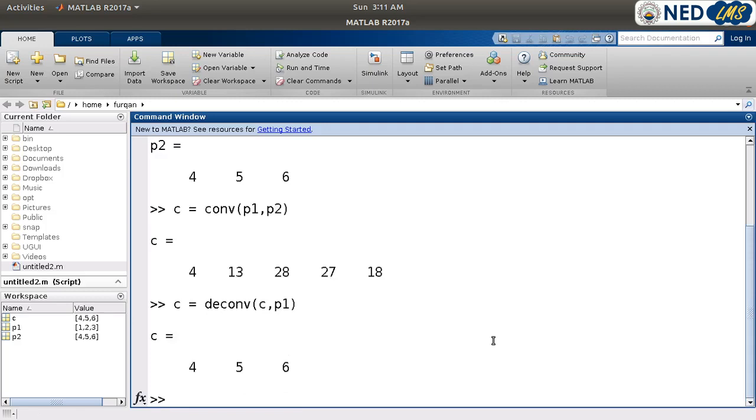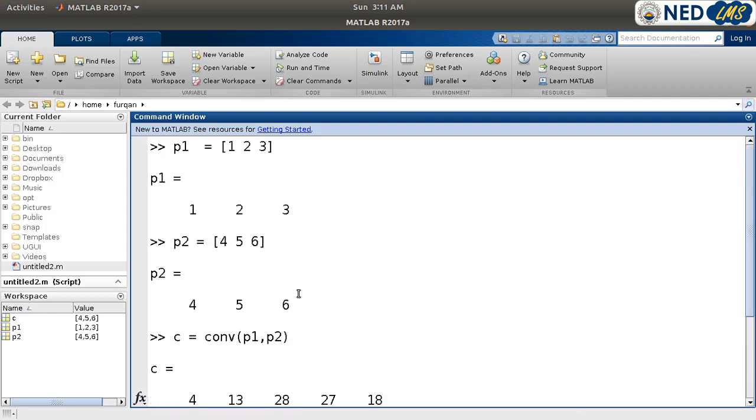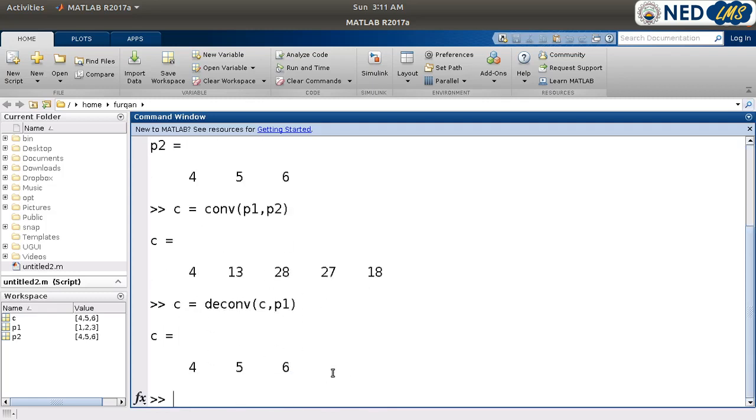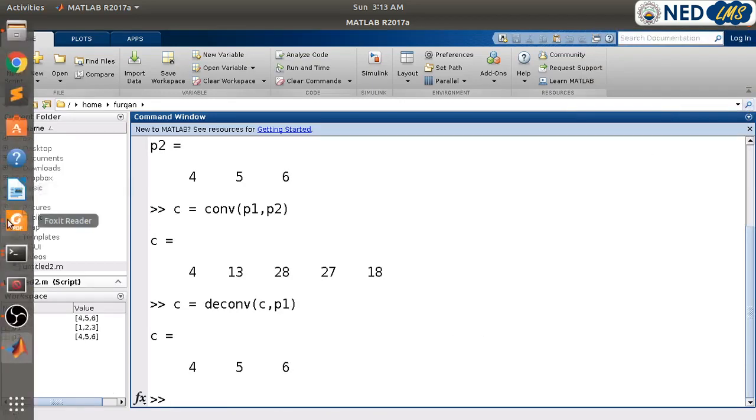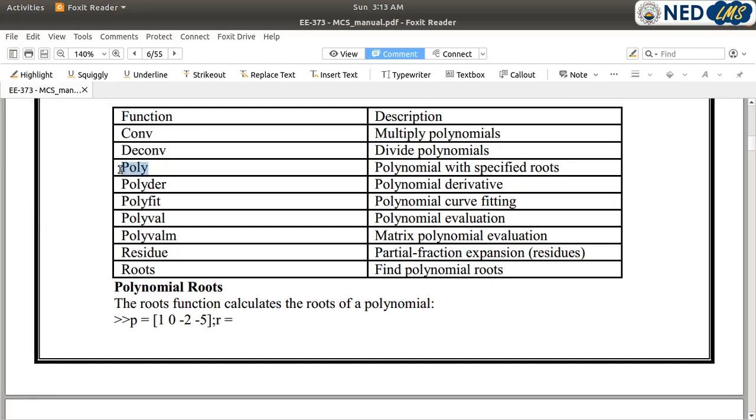The result is 4, 5, 6 as expected. If I divide this polynomial by this polynomial, then I will get the polynomial P2, which is 4, 5, 6.